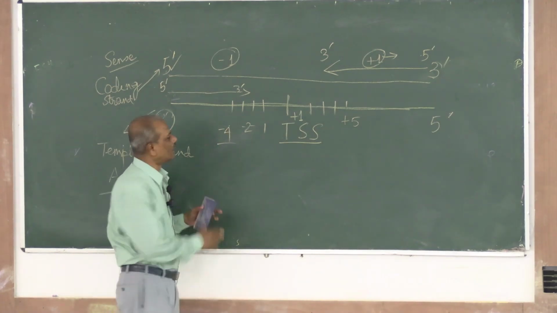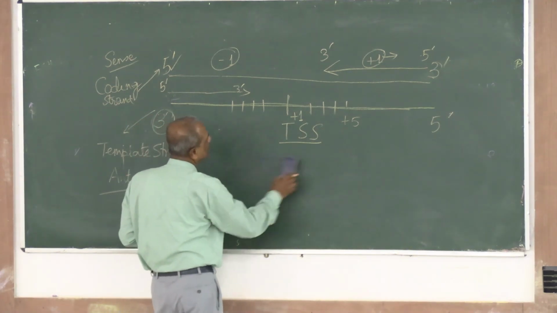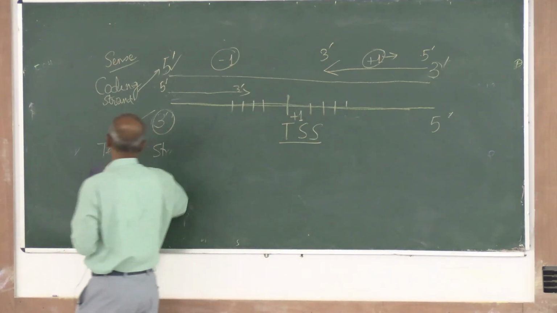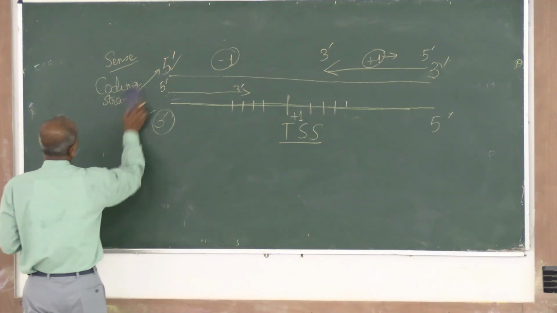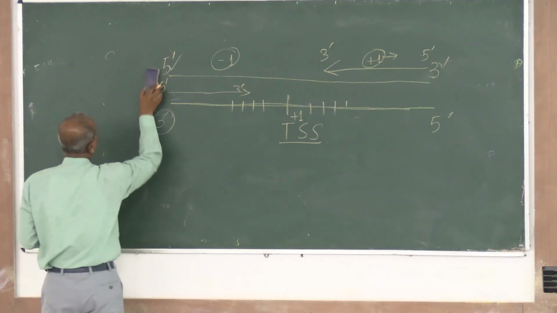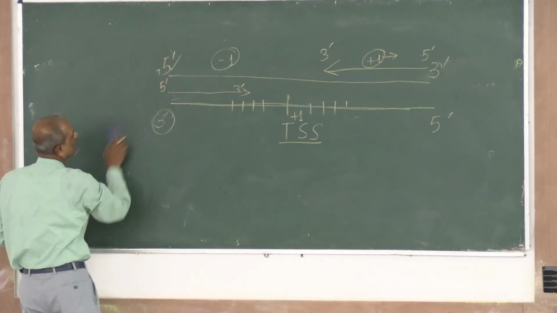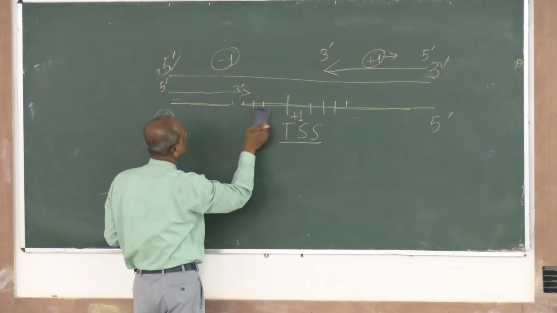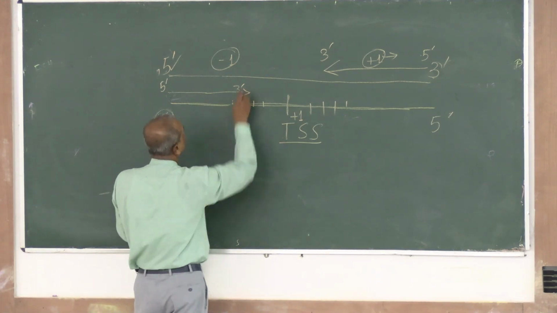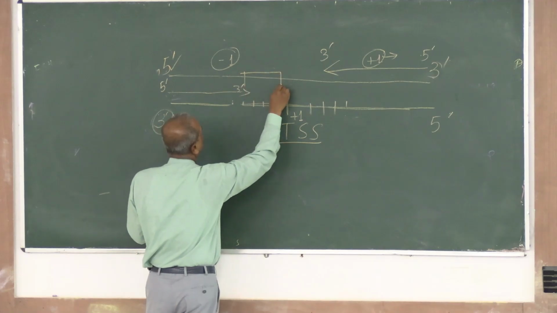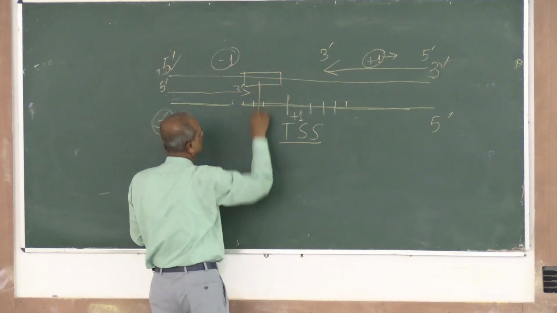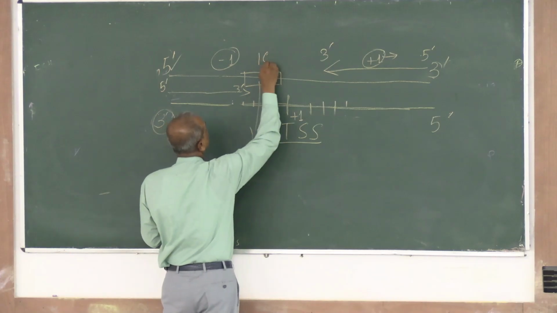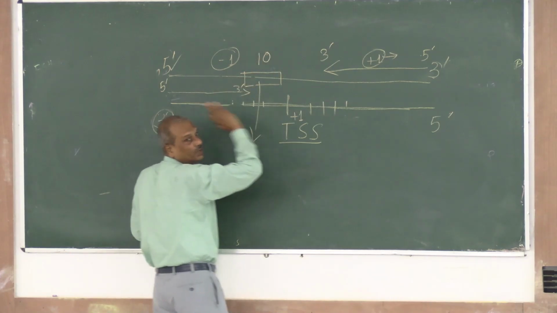Okay. Now, how will the system recognize where to start? So, in prokaryotes, there are two sequences. One is called TATA box. It is 10 base pair upstream. This is called upstream, this is called downstream.